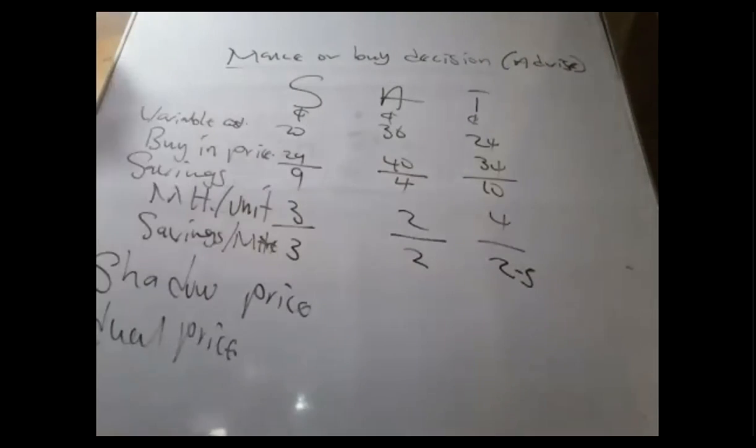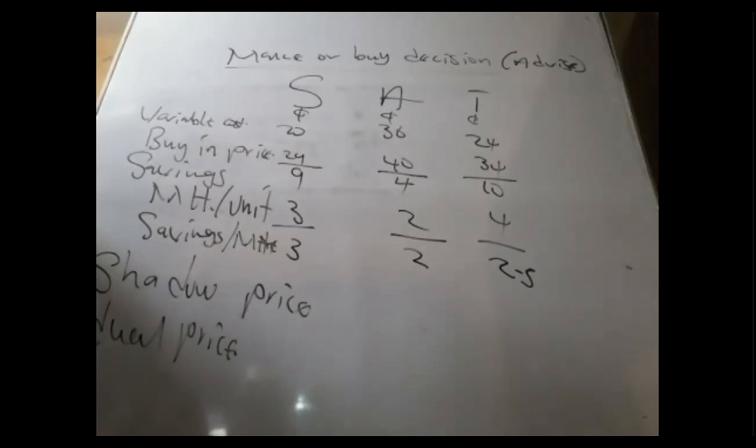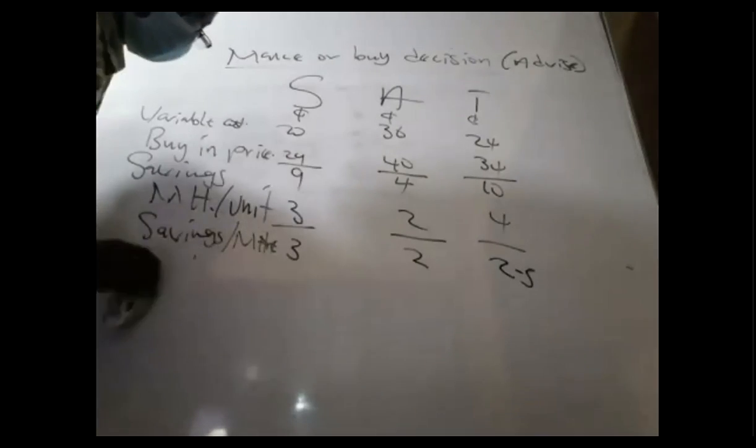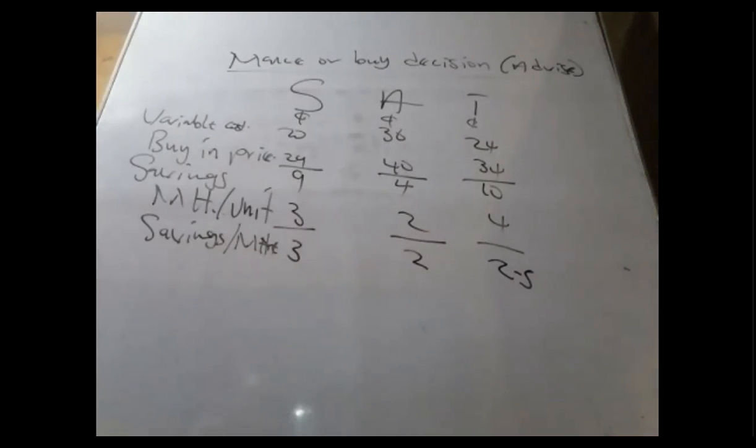It is the price at which the total contribution or the total profit will increase by one unit of the scarce resource made available. That is the shadow price. Next week I will talk about them at our next meeting. Okay, so let's start the ranking.